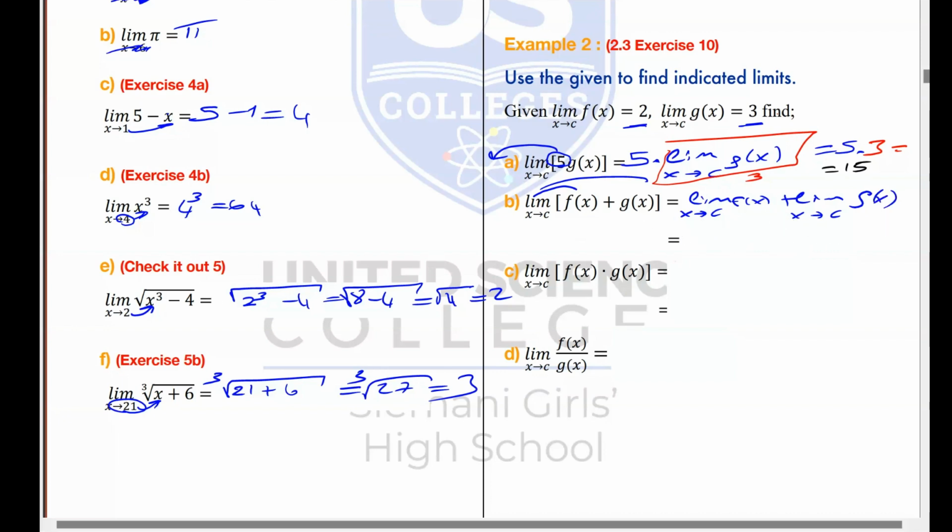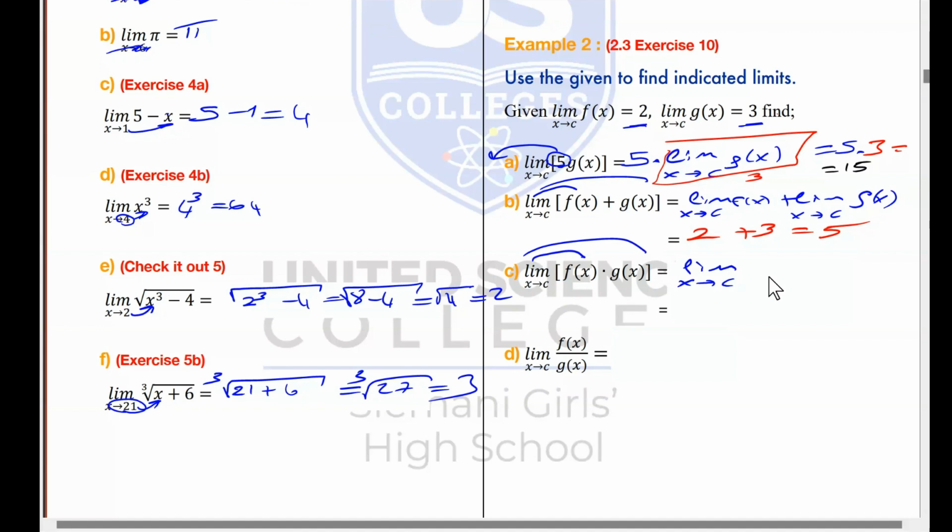Now I know the values of each limit. I know the limit for f, which is 2. I also know the value of the limit for g, which is 3. 2 plus 3 makes 5. Same goes for multiplication. Distribute the idea of limit inside the bracket.